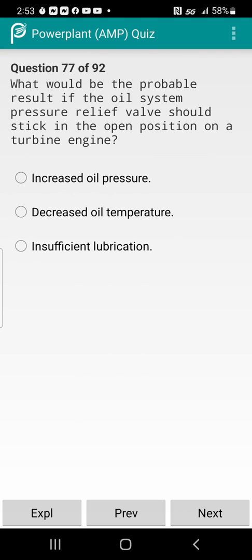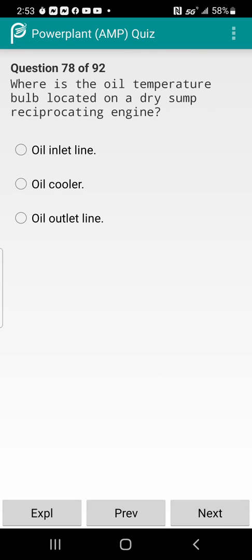Insufficient lubrication. Where is the oil temperature bulb located on a dry sump reciprocating engine? Oil inlet line.